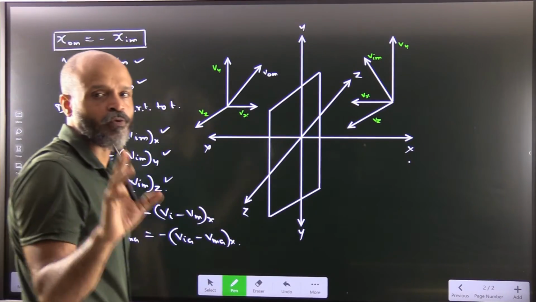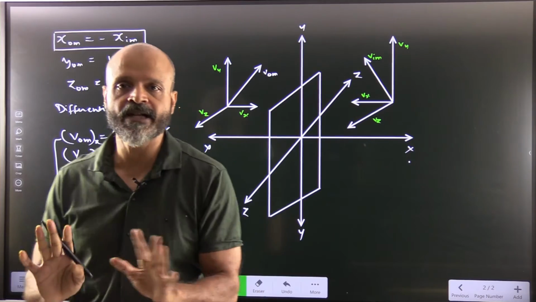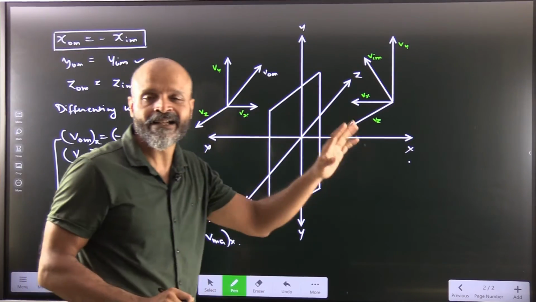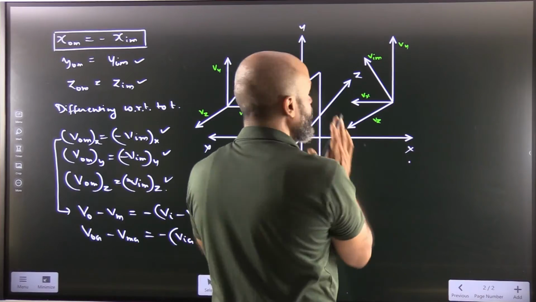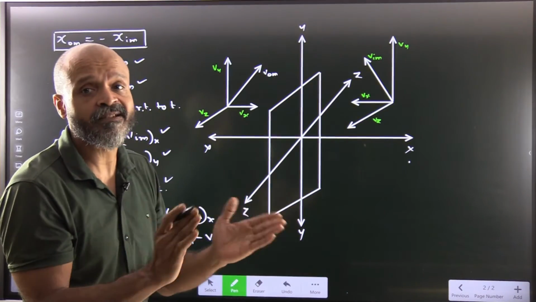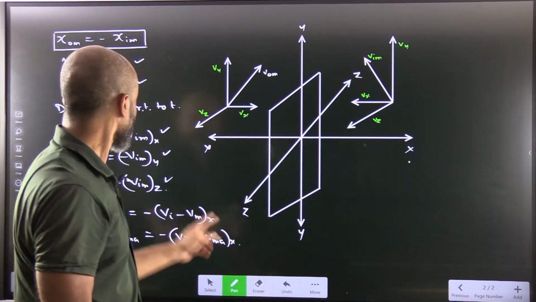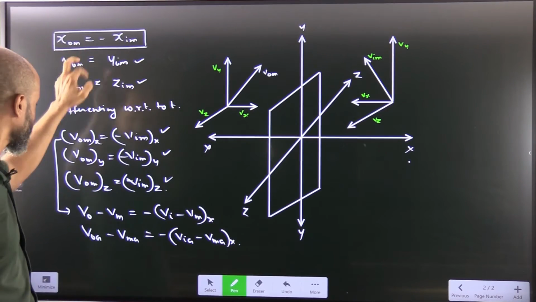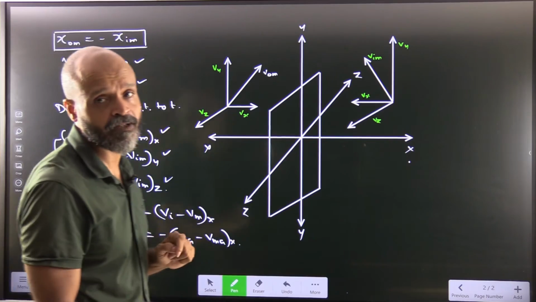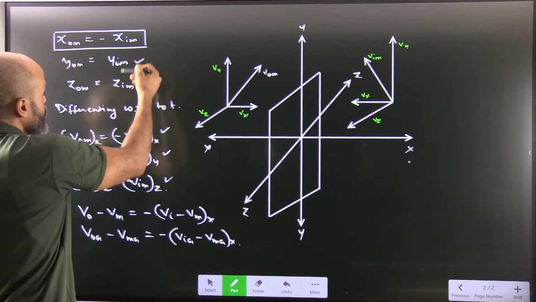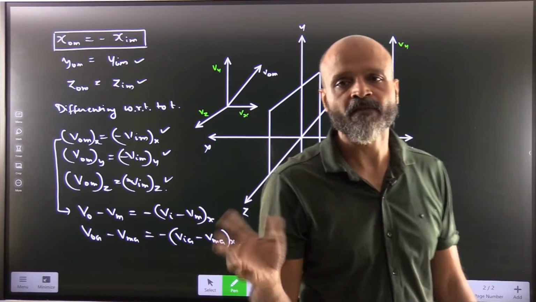Now all we need to understand is that the movement can take place in any of the axes. This is not a standard formula out here. The movement can take place along the y-axis, the movement can take place along the z-axis. It depends upon which axis the mirror is kept along. If the mirror is kept along the z-axis, then obviously this will be applicable to the z-axis, and this will also be applicable to the z-axis, and these will be applicable to the respective x and y axes, and henceforth with the y-axis as well.